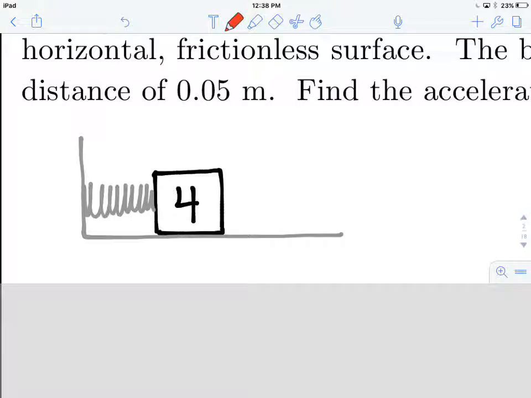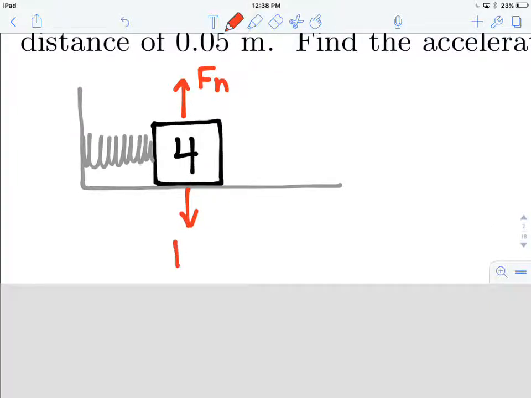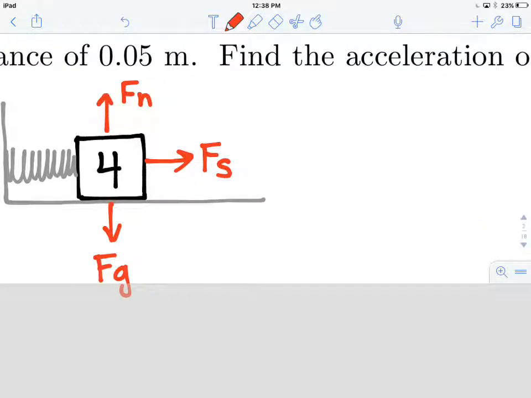If we were going to draw a free body diagram, we'd of course have the normal force, we'd have the force of gravity, and pushing this out is our spring force. This block isn't going to accelerate up and down, so in this case the normal and gravity are equal. They're opposite in direction, so there would be no acceleration in the y direction.